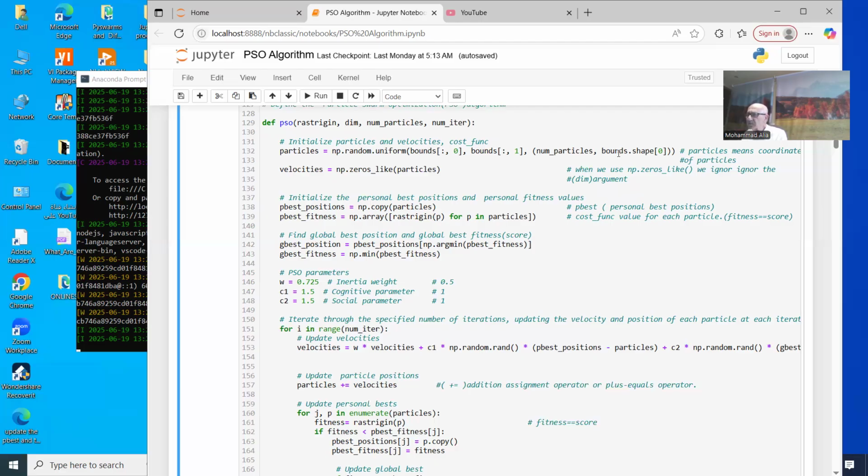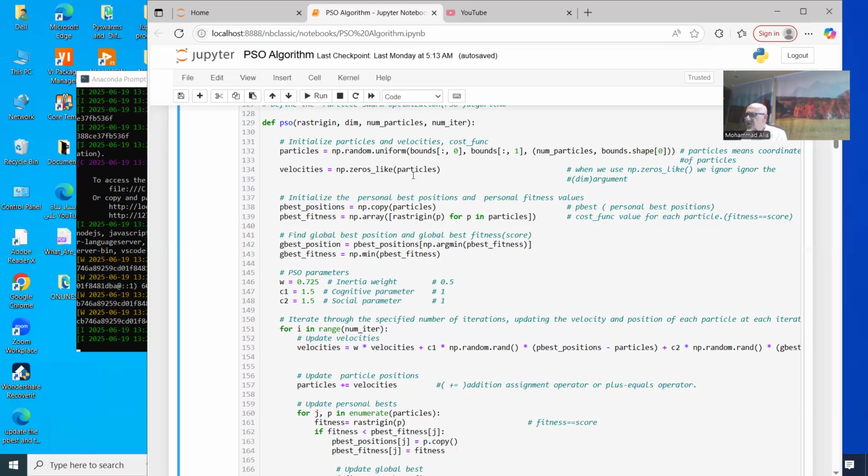Also, now we know how to create the array of velocities, and in order for these velocities to be the same size as the particles array, we use zeros_like and pass the particles object to this function.